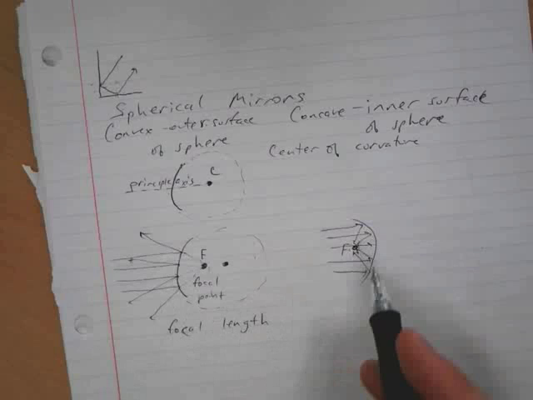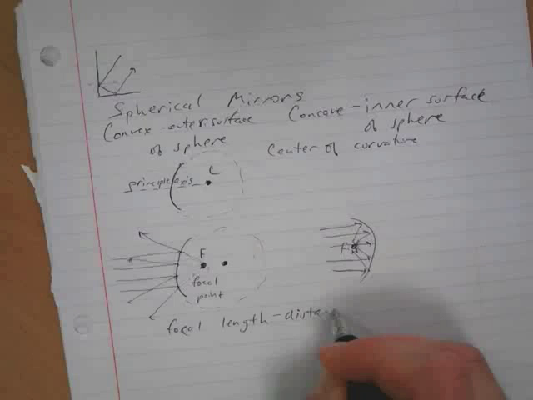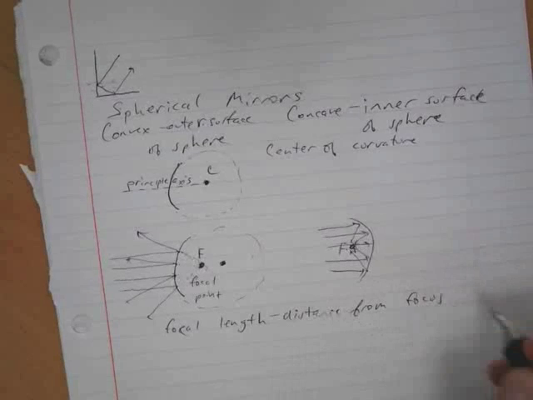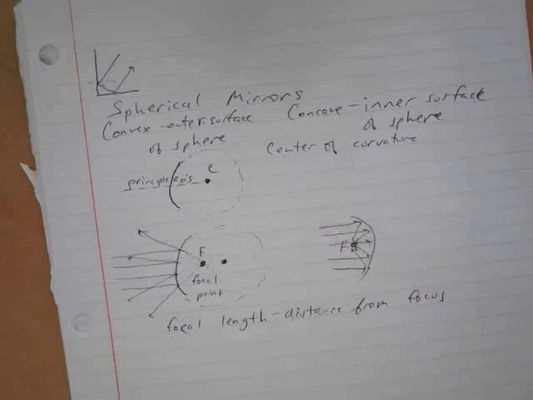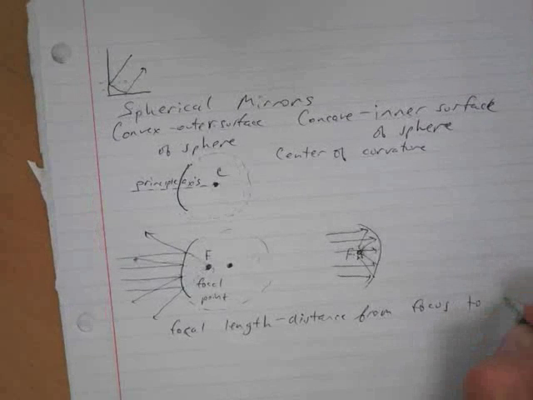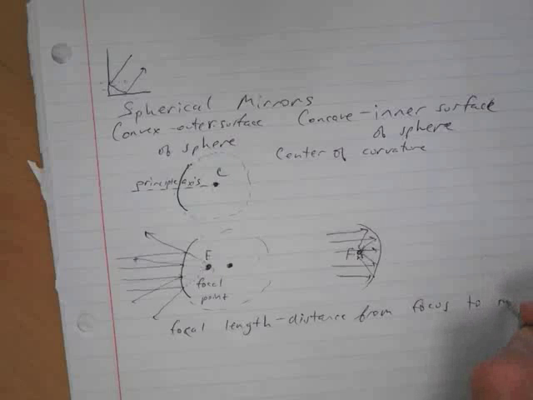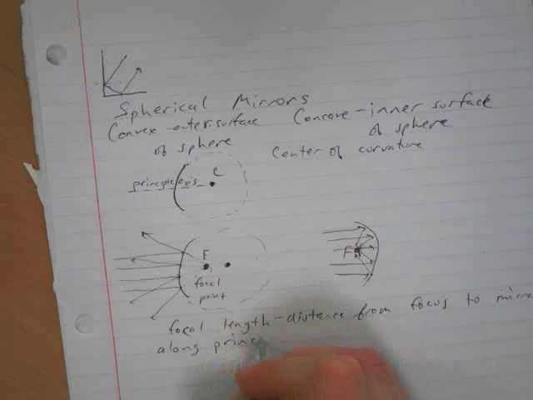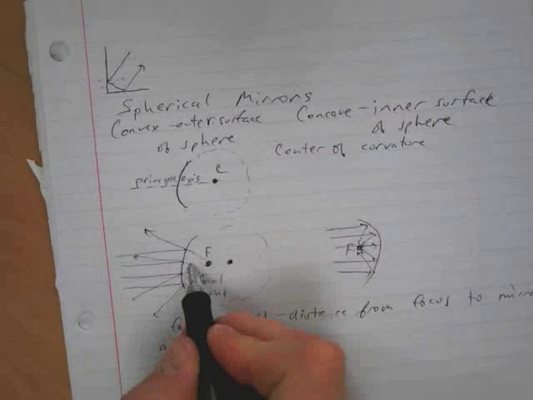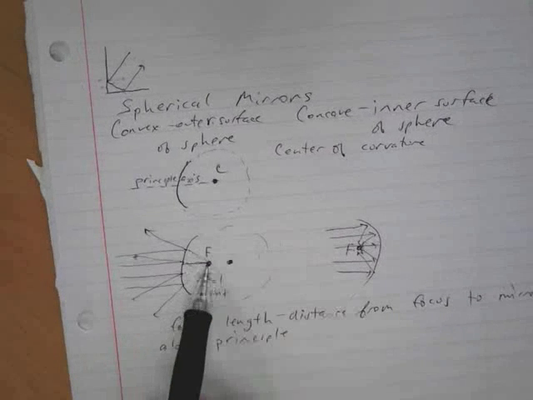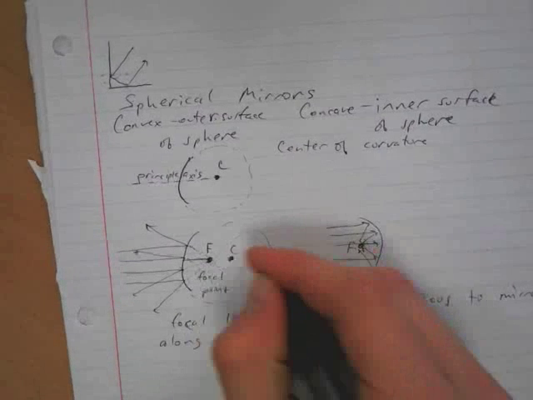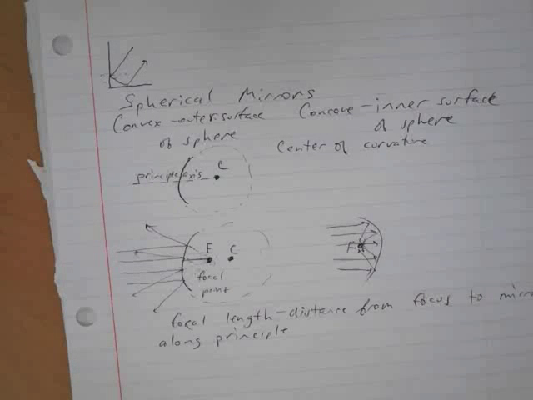The focal length is the distance from that focal point, also referred to as the focus, which is slightly shorter than saying focal point all the time, to the mirror, but that's along the principal axis. So it's not just any distance to the mirror, but it's right here. And the distance to the mirror in any direction is not the same because this is not the center of curvature of the mirror.